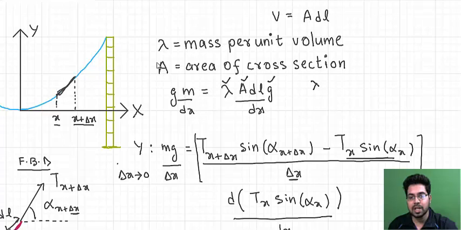So let me represent lambda A g by some constant, let's say c1.